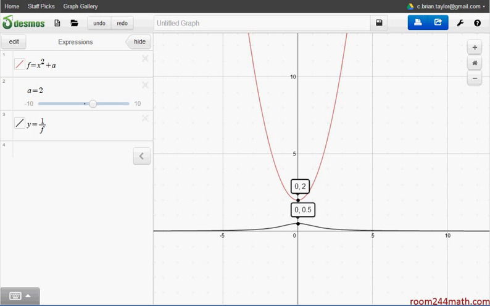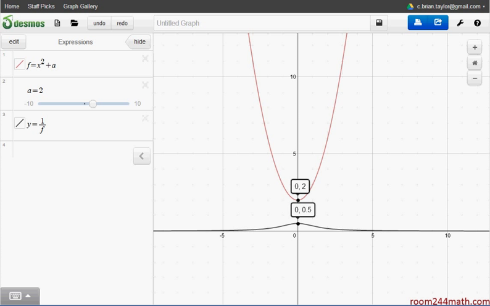But in this case, the quadratic is always positive, we still have to pay attention to the vertex, because the vertex is going to tell us something important. If we go far enough to the right or far enough to the left, the quadratic is heading up towards positive infinity, and so the reciprocal function is heading down towards 0, and so we're still going to have our horizontal asymptote of y equals 0.